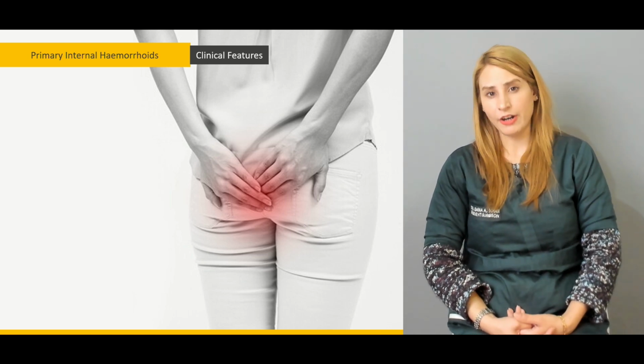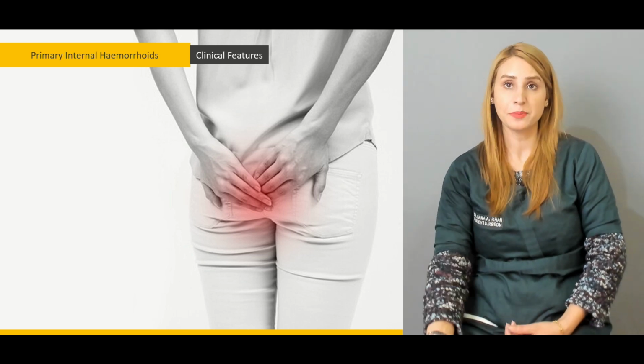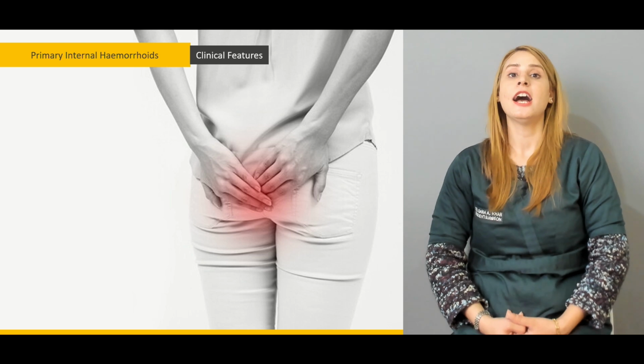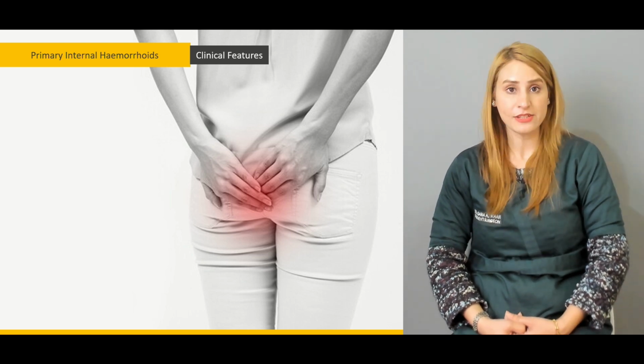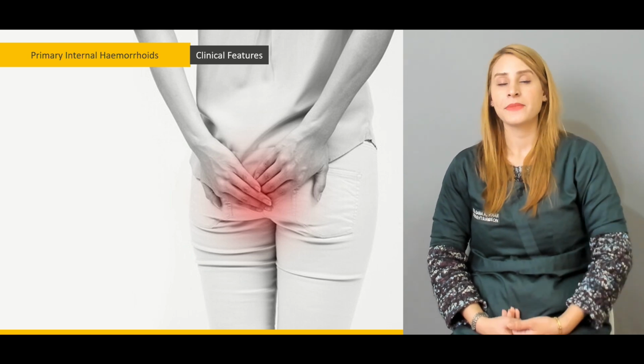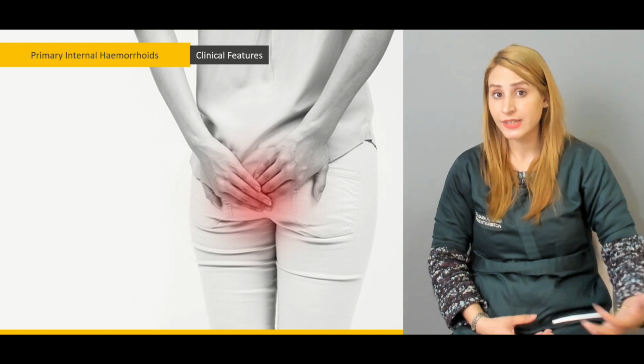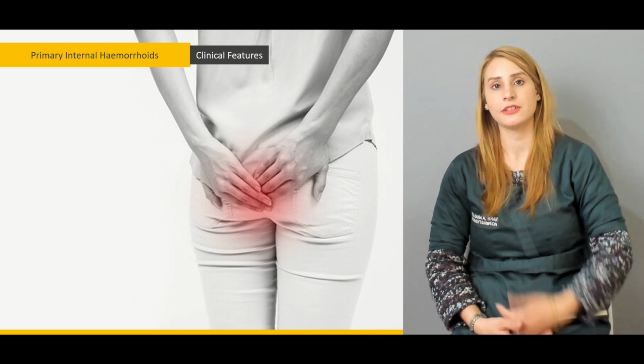Now, how is the patient actually going to present to you? If the patient is complaining about a painless bleed, always think about hemorrhoids, right? But if you encounter a patient who is 50 years old and also gives you a history of anorexia and weight loss, think about colorectal cancer.